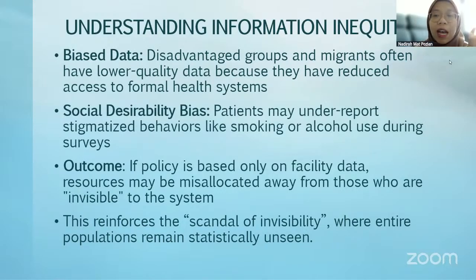And patients may underreport stigmatized behavior like smoking or alcohol use during surveys, and this leads to policy that misallocates resources away from those who are invisible to the system. This reinforces the scandal of invisibility, where entire populations remain statistically unseen. So again, this is where my work comes in.